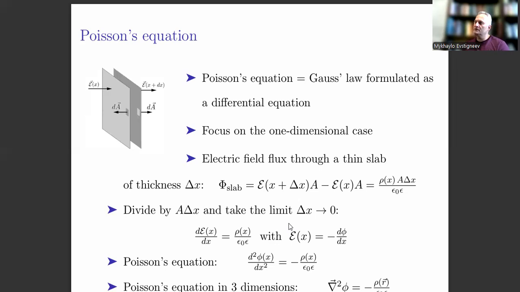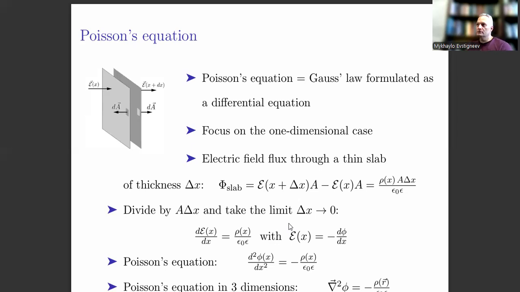So Poisson's equation that we are about to derive relates the charge density rho to the electric field and to the electric potential generated or produced by this non-uniform charge density rho of x.